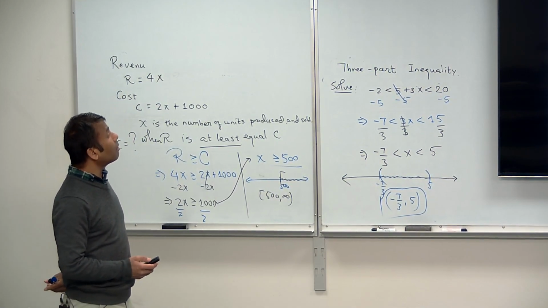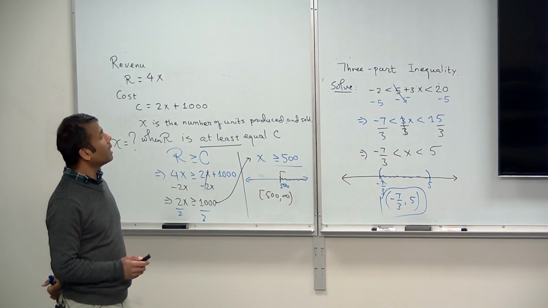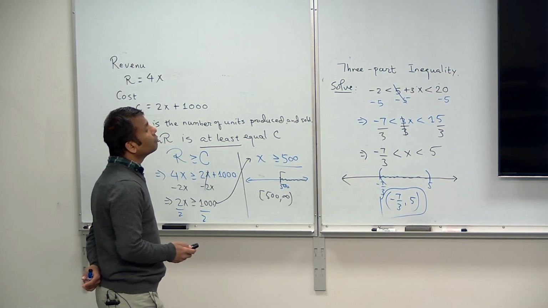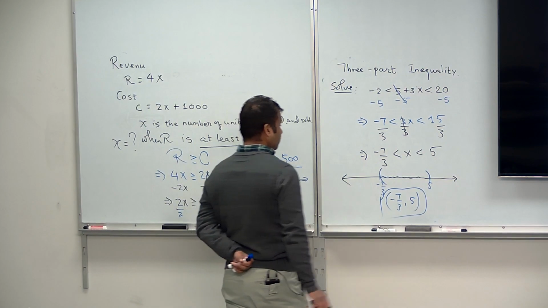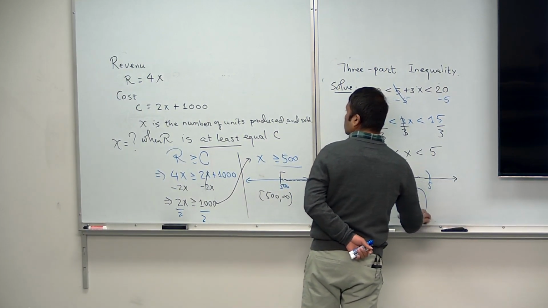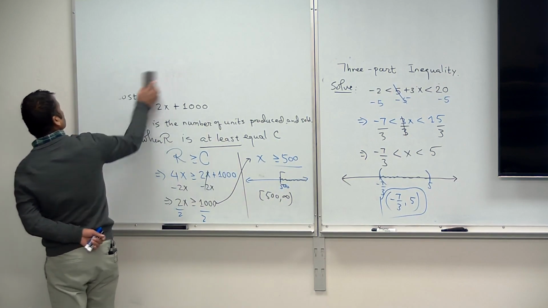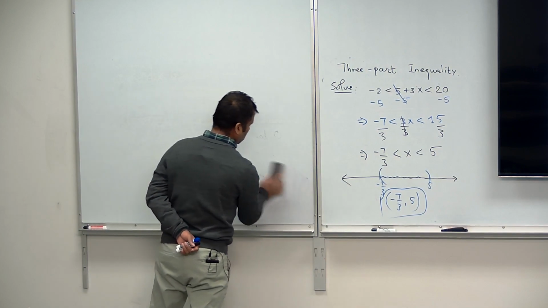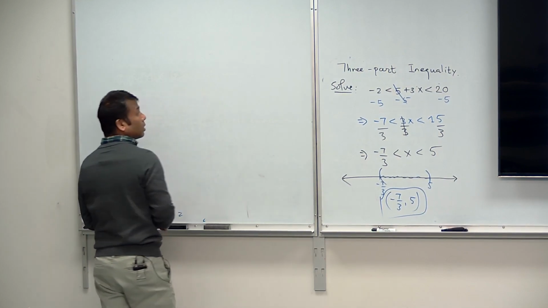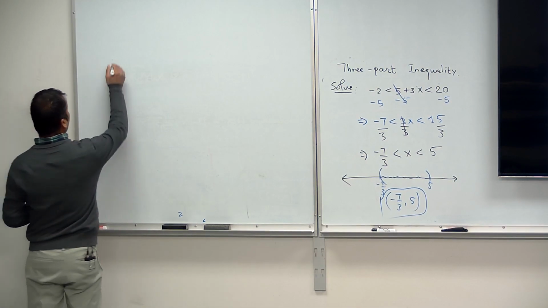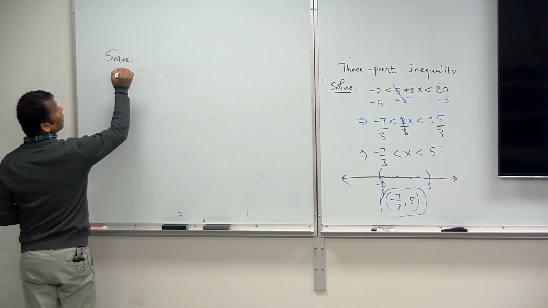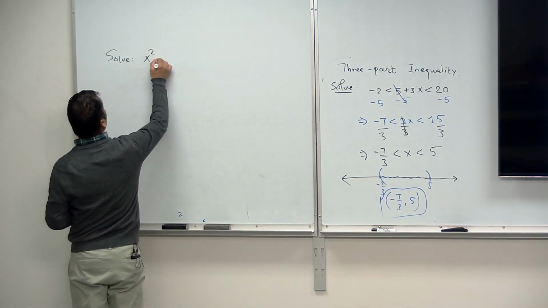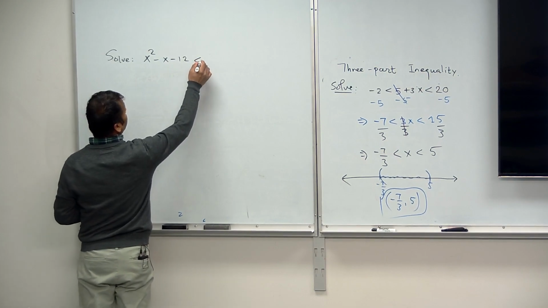Now we will solve a quadratic inequality. Okay? Look here. Solve the quadratic inequality x squared minus x minus 12 less than 0.